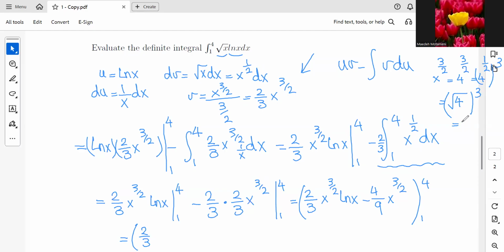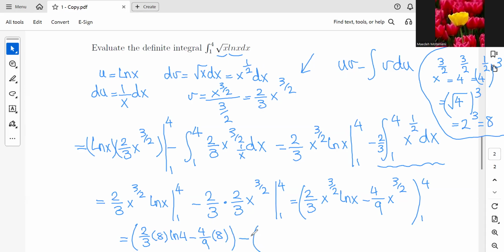And square root of 4 is 2, so 2 to the power 3 is 8. So we're going to have times 8 ln of 4, minus 4 over 9 with the same 8 here. These are all when you plug in 4.